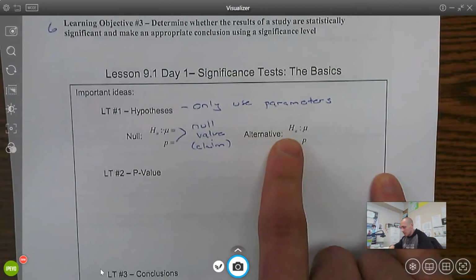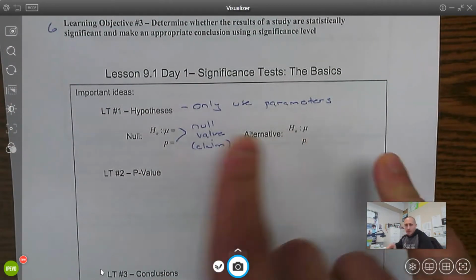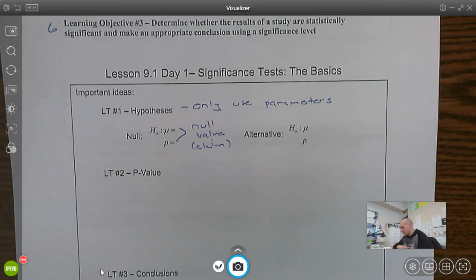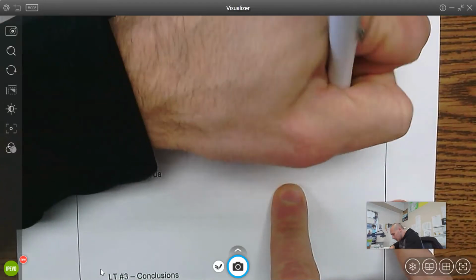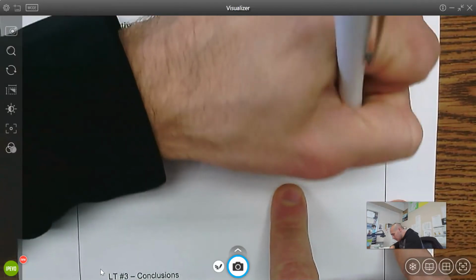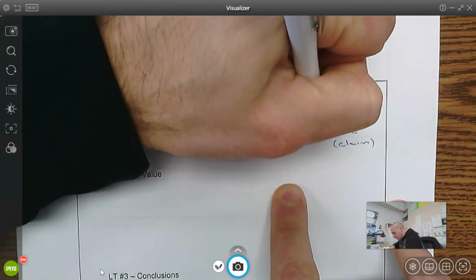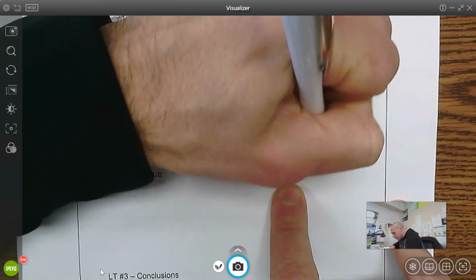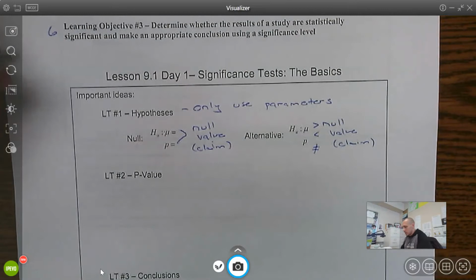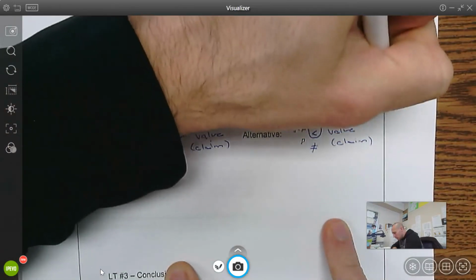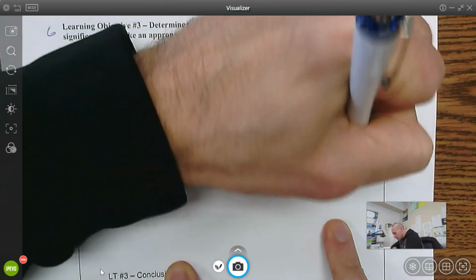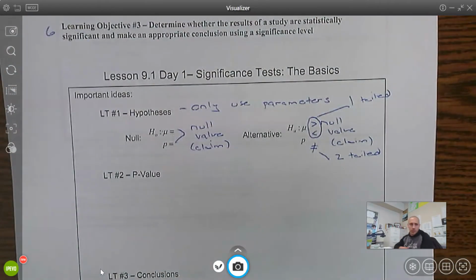The alternative hypothesis is H sub A. It doesn't matter if you use lowercase or capital. You have some options here. You're also going to put the null value here. So your options are greater than, less than, or not equal to. Greater than and less than is what we call one-tailed, and not equal to is what we call two-tailed. And we'll get into that more in the next few minutes here, I guess.